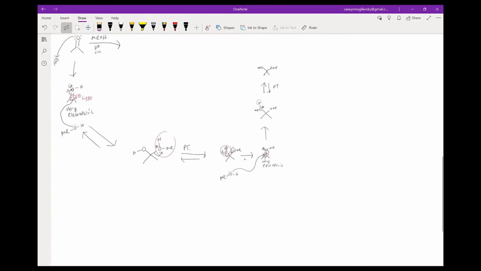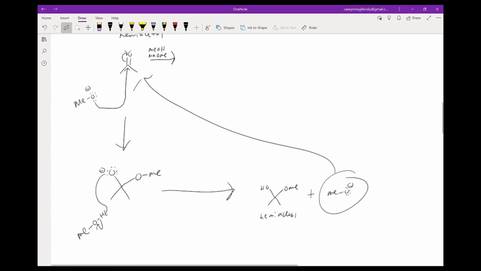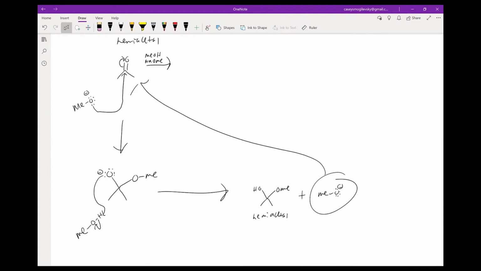And I hope now you can appreciate potentially why this base catalyzed mechanism could only give you the hemiacetal, because this is not a good leaving group. No matter how good you make this methoxy nucleophile, and it's not great of a nucleophile even in that case, this still is not a good enough leaving group.